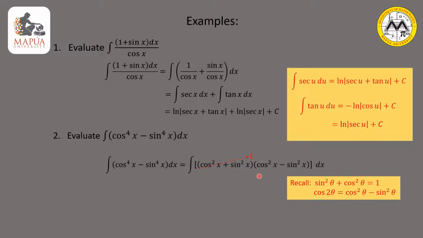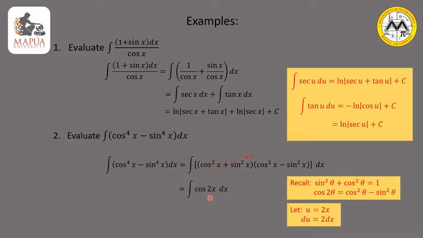Applying that to this expression, we recognize cosine squared x plus sine squared x to just be 1, and cosine squared x minus sine squared x will just be equal to cosine of 2x. Hence, this integral is transformed and simplified to the integral of cosine of 2x dx.